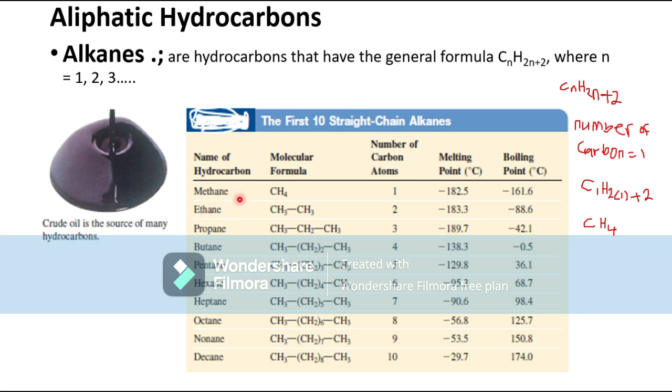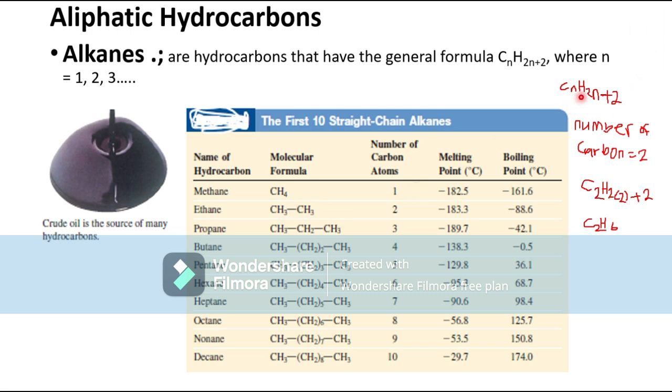After methane we have ethane, which is the second member of the alkanes. Ethane has 2 carbon, as we can see in the molecular formula here.